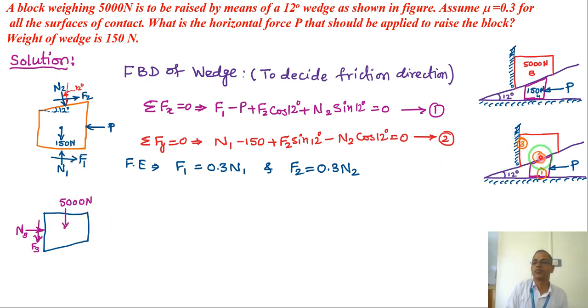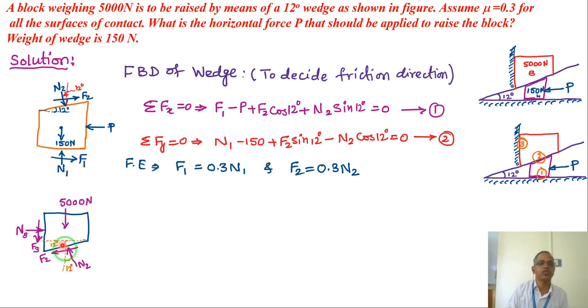Then at the contact with the wedge, the same forces I have written, I can write down in the opposite direction. So N2 and F2 will be in the reverse direction, and we have to mention this 12 degrees. Since other forces are perfectly vertical and horizontal, only these two forces are inclined.